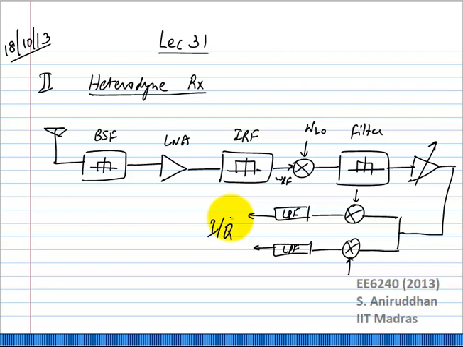What about the filtering? Filtering is also very well distributed. You have some amount of band select filtering up front, before the LNA. Then you have the image reject filter. Then after the first round of mixing, you have one set of filtering, and so on. In fact, one of the reasons this became very popular is because you can do everything in stages. You have gain very well distributed, you have filtering very well distributed. So really many of the trade-offs are much easier.